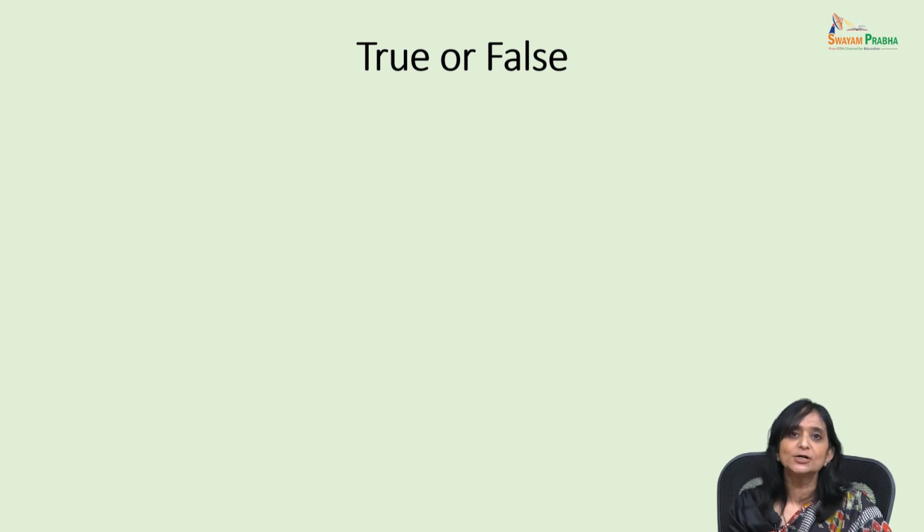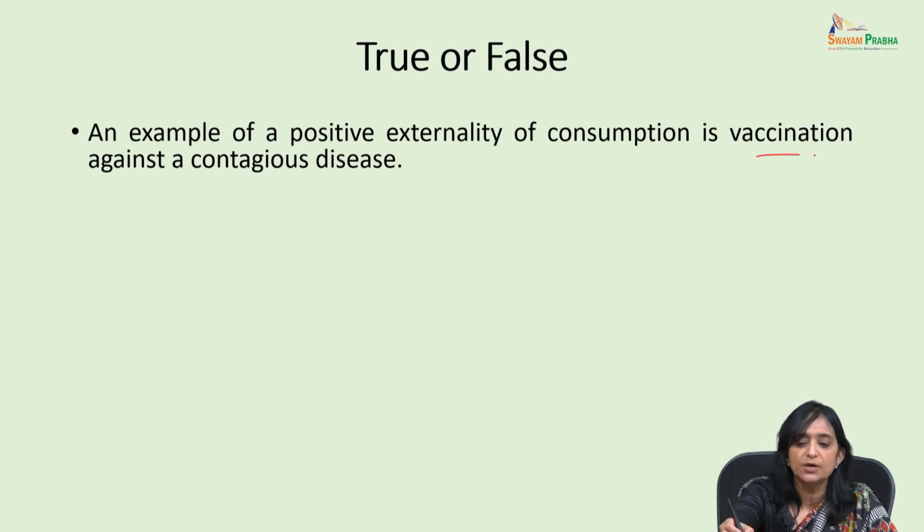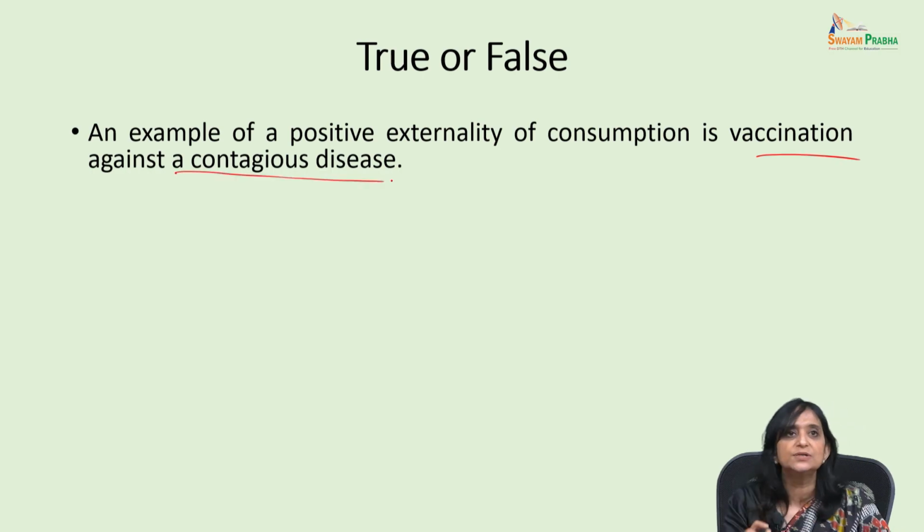So let us do a small brain teaser by a small true and false quiz. I'm giving you a statement and you have to say whether this statement is true or false. The first is, an example of positive externality of consumption is vaccination against contagious diseases.